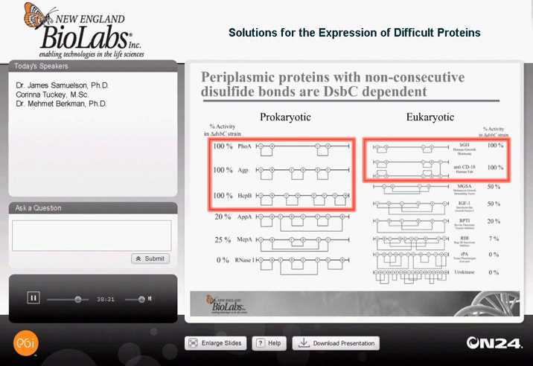So whether this correlation exists in the cytoplasm is not shown, and I will show you some data that suggests that it might not be. So not only is the property of your substrate protein quite important, its connectivity also needs to be considered when looking into methods of producing proteins.